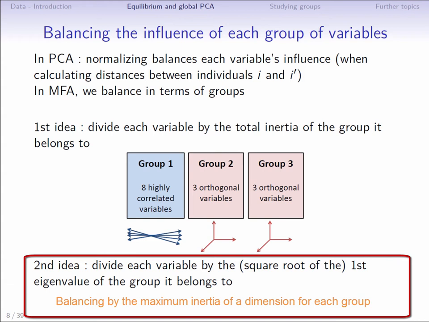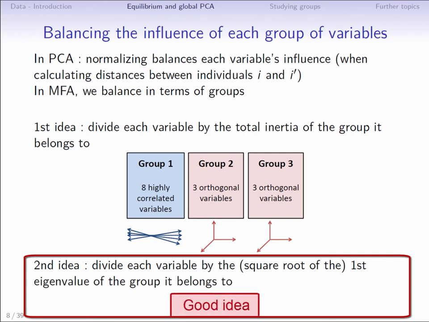To construct such an equilibrium, we divide the values of a variable by the largest eigenvalue of the group to which it belongs. In fact, we divide by the square root of the largest eigenvalue. In our little example, this weighting makes it possible to see the shared structure generated by groups 2 and 3.